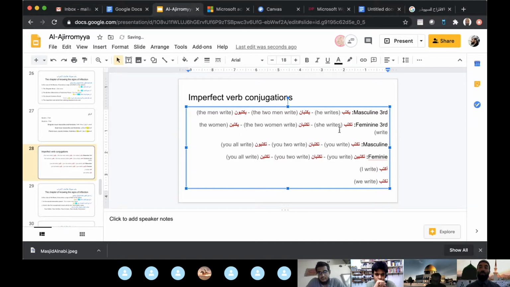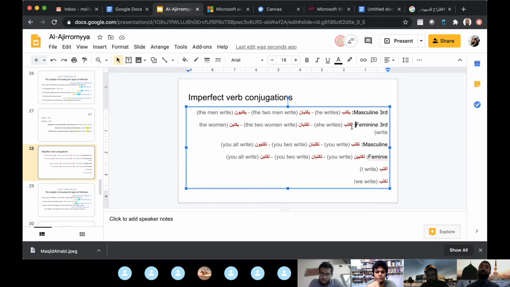So when you say taktubu, it means she writes. When you say taktubani, it means the two women write. When you say yaktubna, it means the women write, like the group of women. Can anyone tell me, do you see any difference between yaktubu and taktubu here? Yeah. What, Sheikh, is the difference? The ta in front of the word. Yes. So exactly.